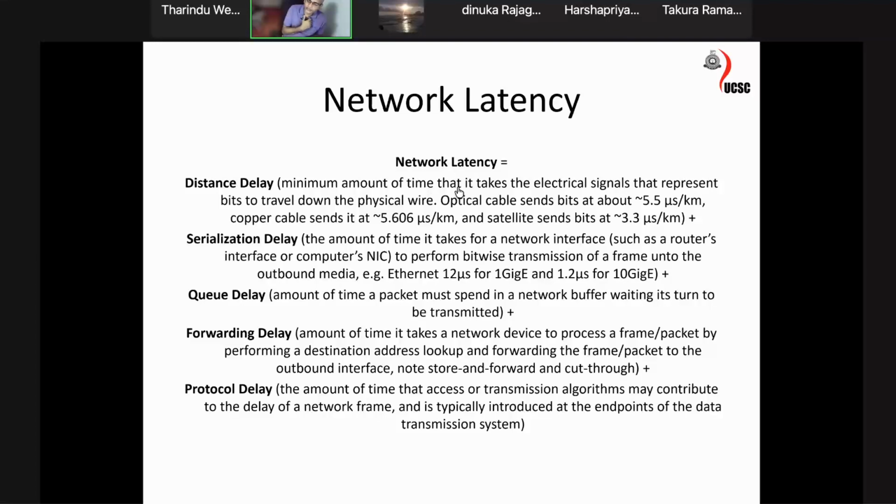But store and forward takes time. It waits until the entire frame is in the switch buffers. So if you need ultra low latency, you need to purchase a cut through switch rather than a store and forward. So that's the minimization option for forwarding delay.